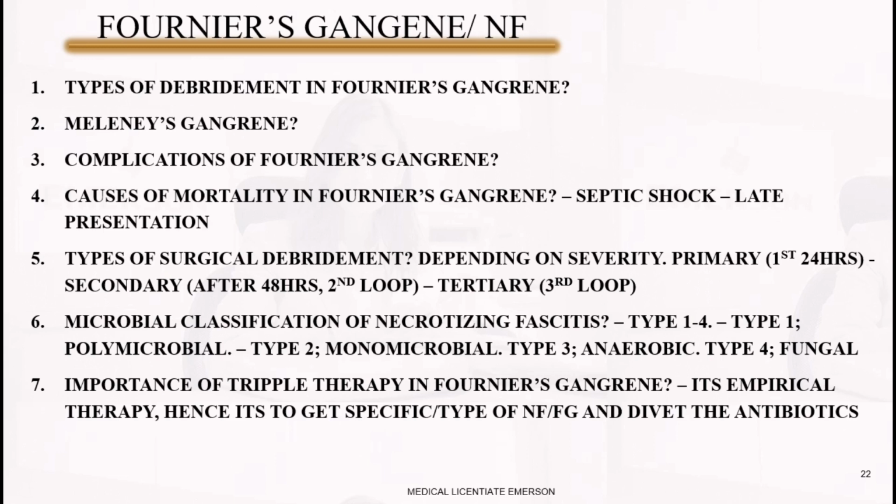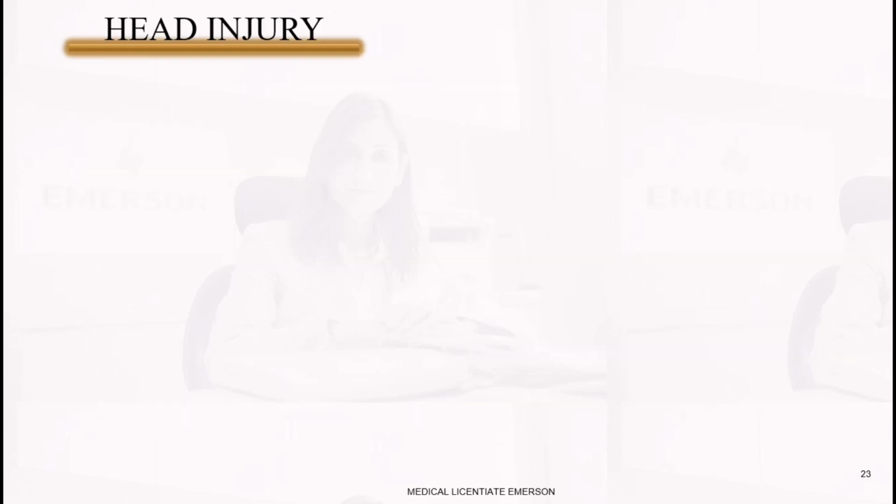So first you need to do empirical therapy, after you've gotten your investigations. Then after you get the results, you divert the antibiotics and treat the exact thing causing the necrotizing fasciitis.